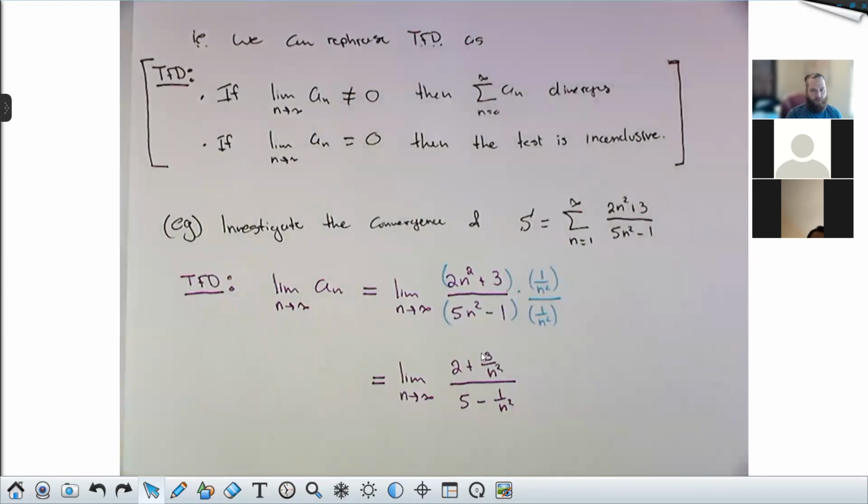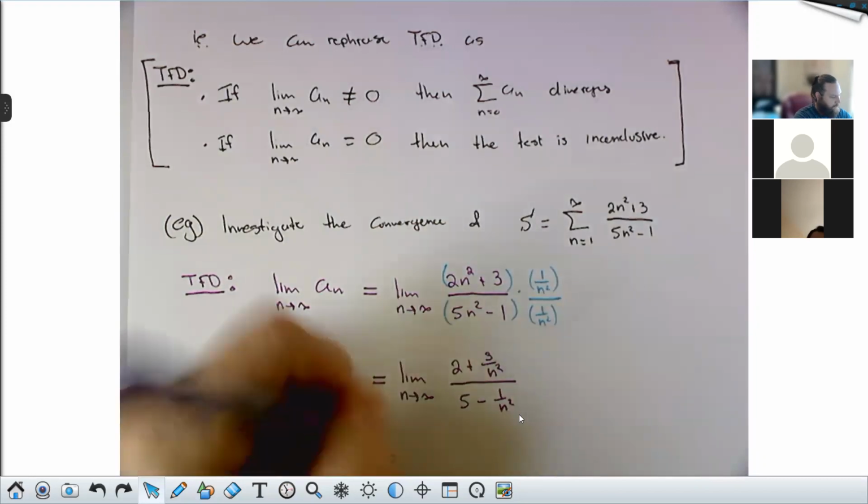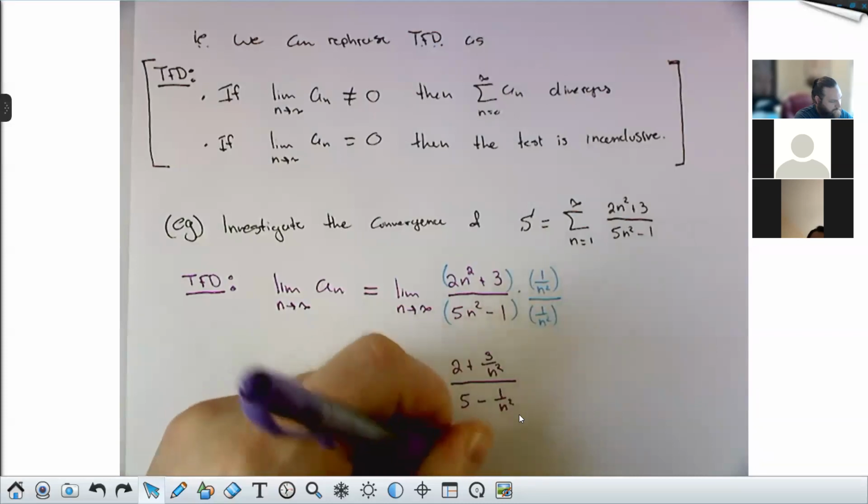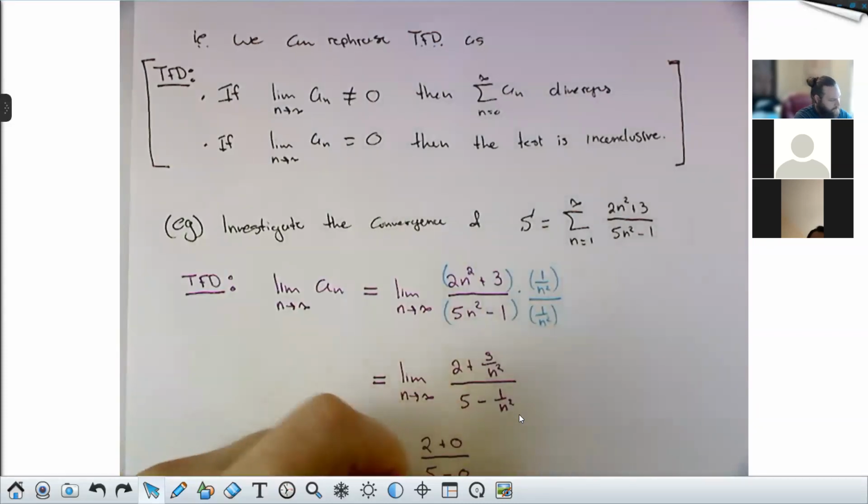And then as n goes to infinity, n squared, of course, goes to infinity. So this would be 3 over infinity right here, and this would be 1 over infinity right here, both of which are 0. So this is (2 plus 0) over (5 minus 0), which is 2/5.